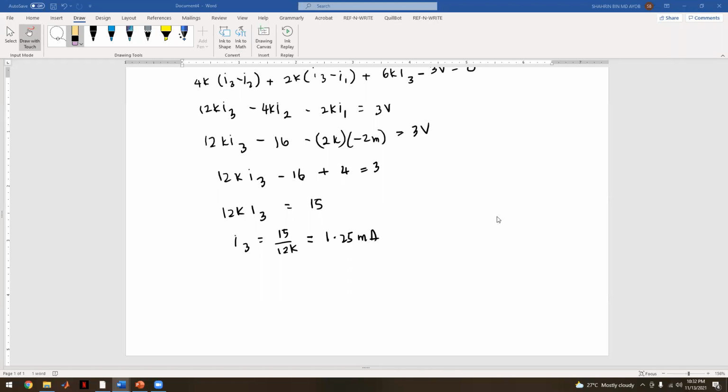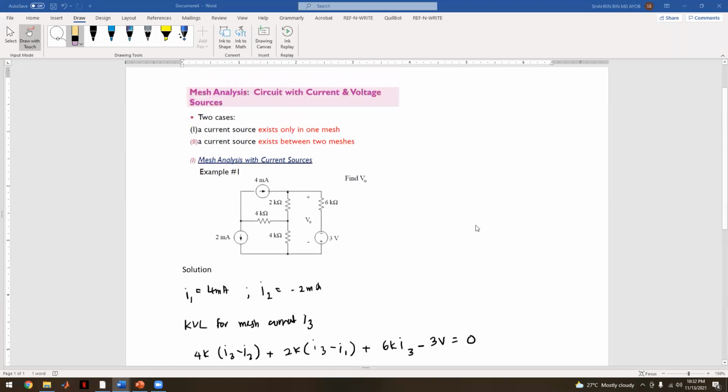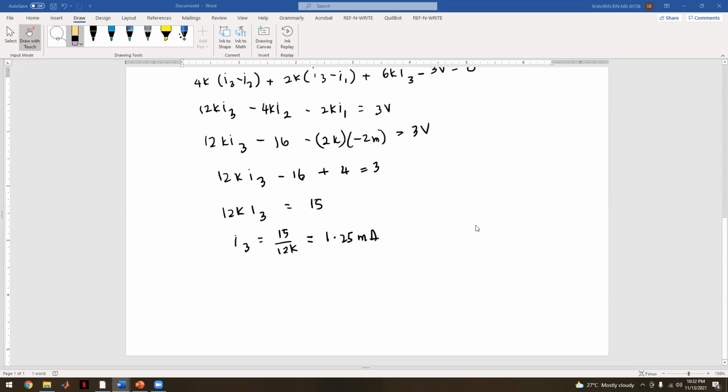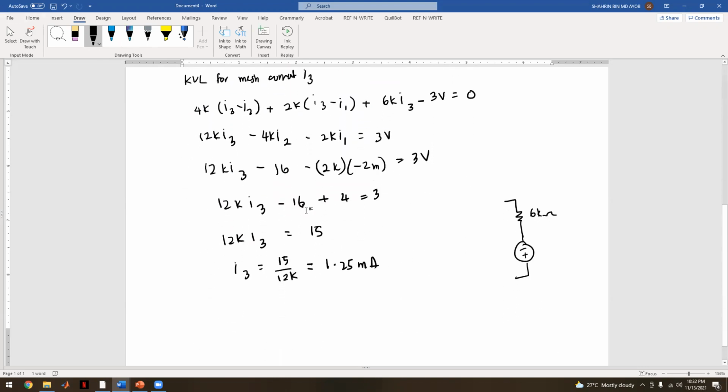So VO, as can be seen here, is actually 6K with 3 volts. 6 kilo ohm with, sorry, I think this one is 3 volt. So this is your VO.